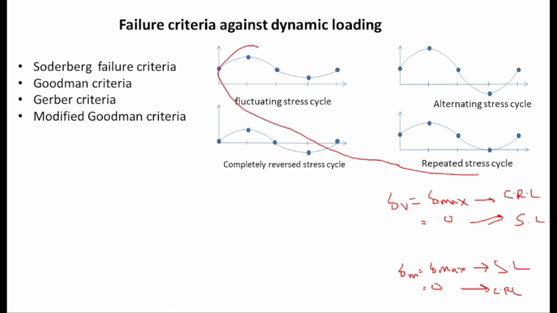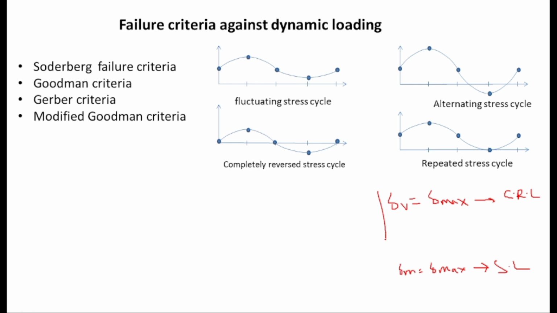And for the other three, the sigma variable is in between these and sigma mean is in between these. So the point I want to make over here is that sigma max is equal to sigma variable for completely reversed load, and sigma mean is equal to sigma max for the static load. Later on we will use these in our dynamic loading failure criteria, so keep this in mind.